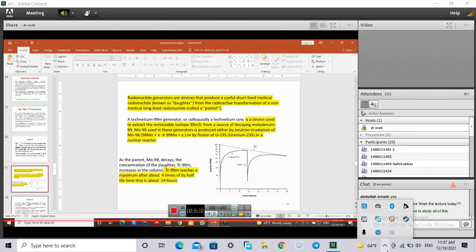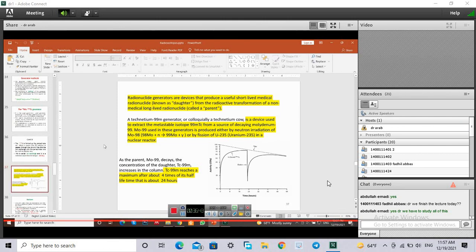Molybdenum-99 used in this generator is produced either by neutron irradiation or by fission, as I said, and we choose the fission reaction because in fission we can produce molybdenum with high chemical purity.